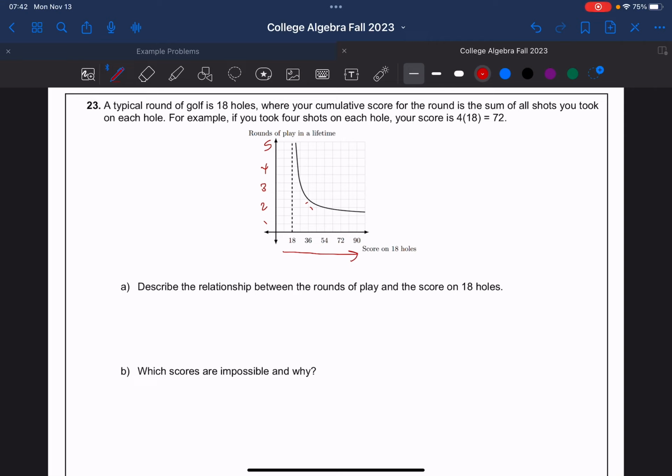So it says as you play more rounds, the lower your score gets. I think that's opposite. So we're going to say the more rounds means the higher the score.